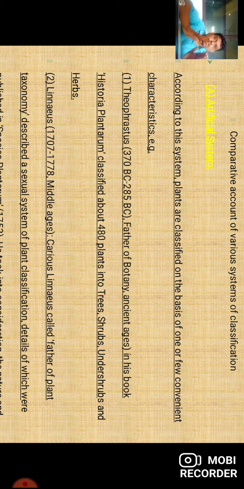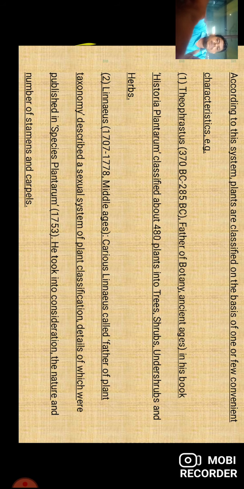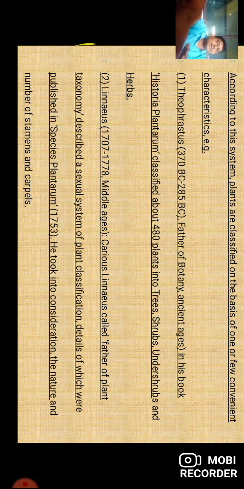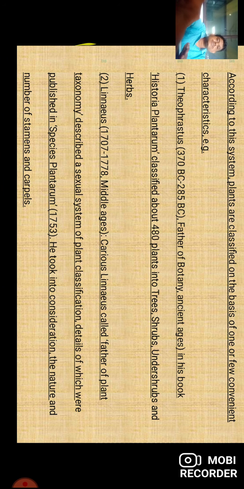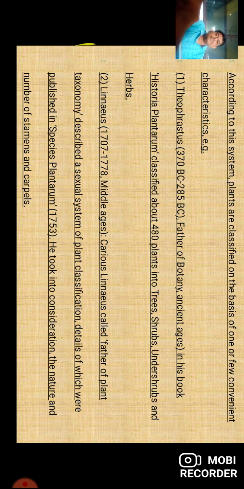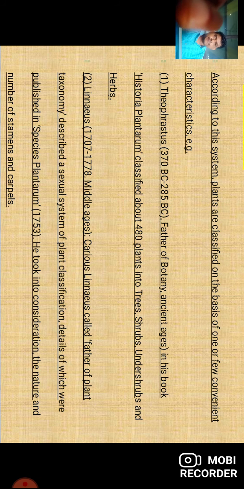The father of taxonomy is Carl Linnaeus, who described the sexual system in plant classification, published in Species Plantarum in 1753. He took into consideration the nature and number of stamens and carpels.